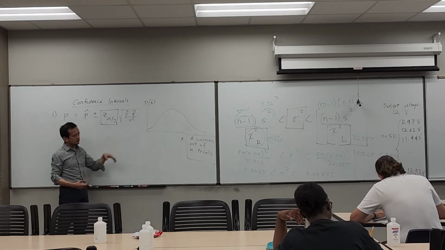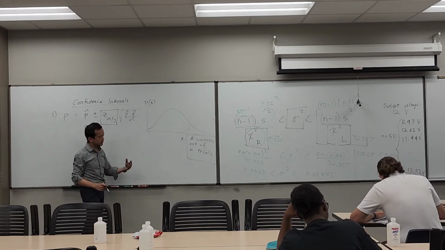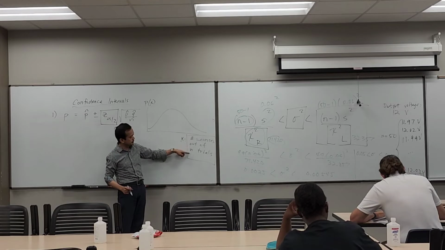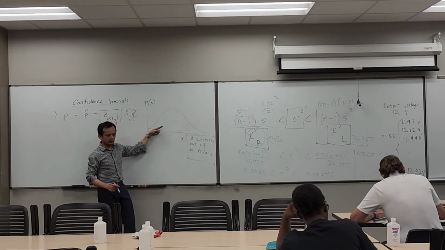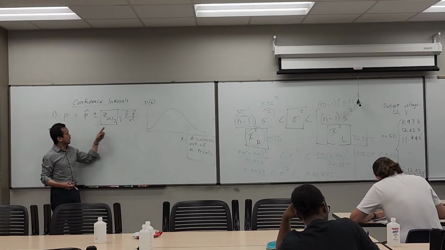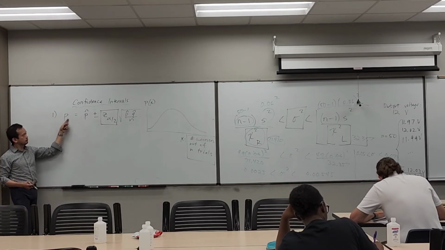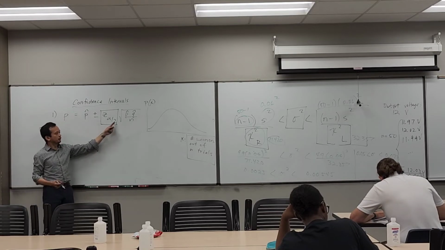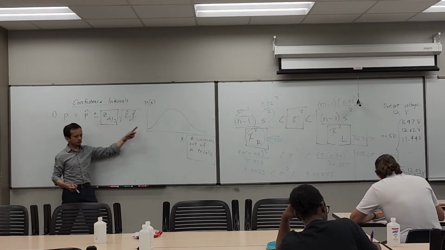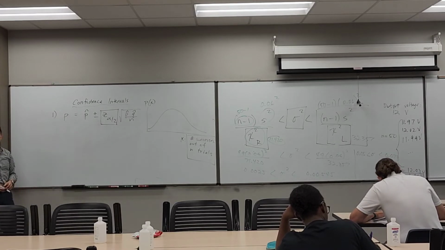And so that was the last part of chapter 6, the normal approximation to a binomial distribution. So because this is a binomial distribution, you can fit a bell curve onto it. That's why we have a bell curve. And that's why in the confidence interval formula, to estimate this true proportion of success, we're using a z-score, because the underlying distribution is a bell curve.